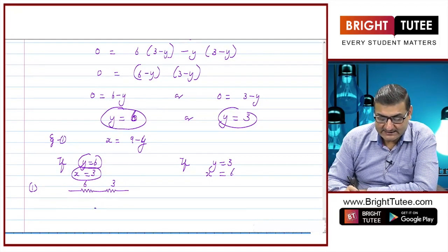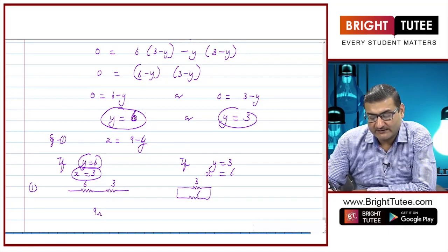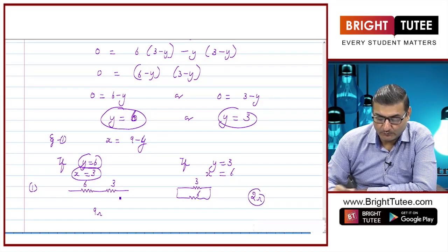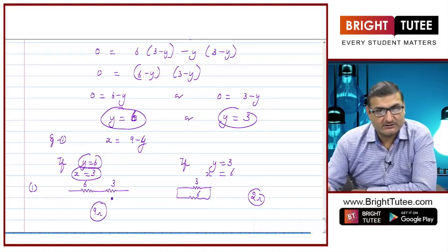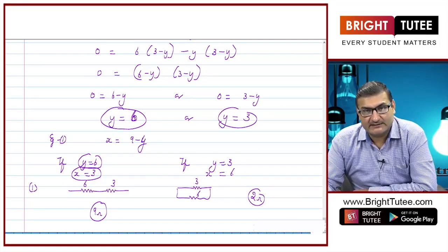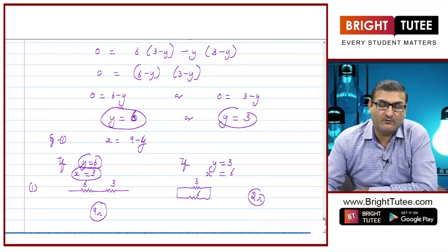The total resistance will be 9 ohms, and if they are taken in parallel, one is 3 ohm, one is 6 ohm, you can just change it also, the total resistance you will calculate will be 2 ohms. So this is how we get our answer, just simply converting it into a linear equation. So the answer, the two given resistances are 6 ohms and 3 ohms.